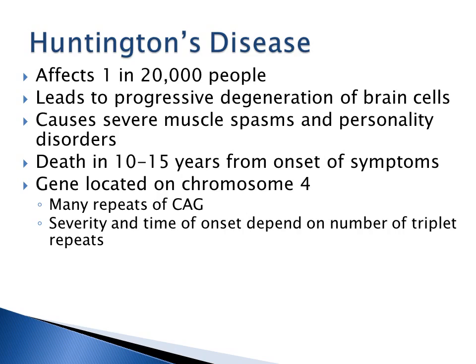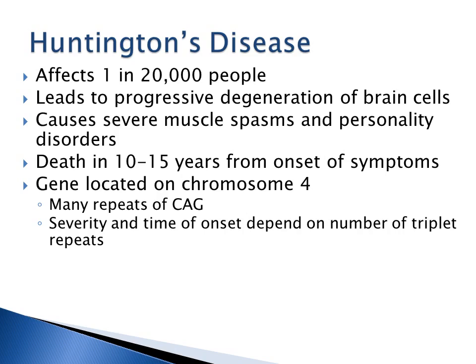Huntington's disease affects 1 in 20,000 people, and this disease leads to progressive degeneration of brain cells. It causes severe muscle spasms and personality disorders, and it ultimately results in death within 10 to 15 years from the onset of symptoms.